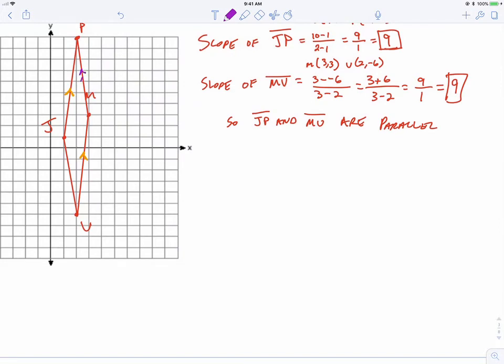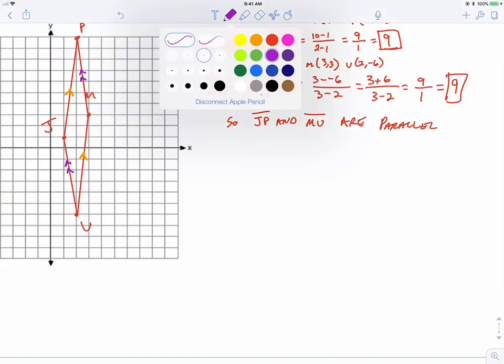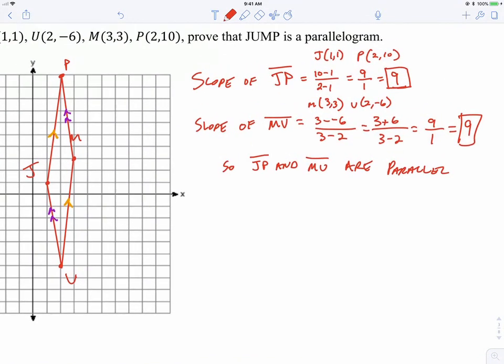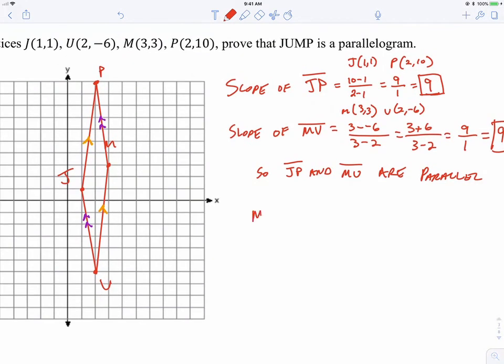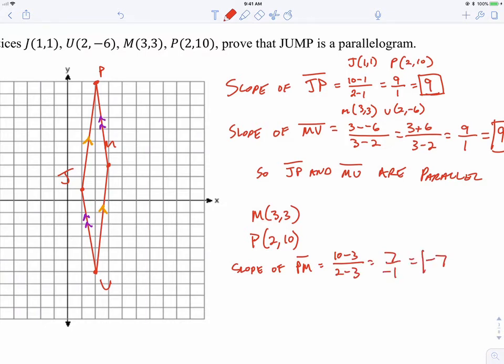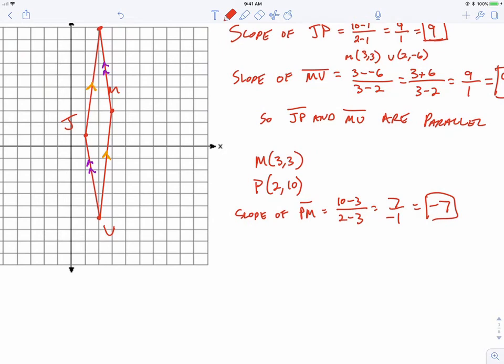Let's show that now PM is parallel to JU. If we start with PM, M is 3, 3, P is 2, 10. So I want to do the slope of PM. I'm going to go Y minus Y over X minus X. I get 7 over -1. We're going to call that a -7. Now we're going to do the slope of JU.